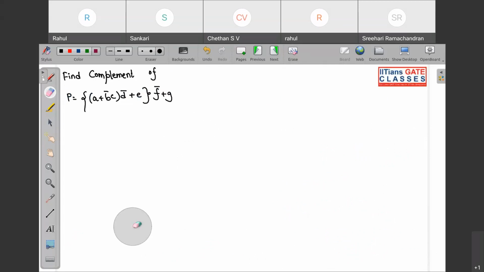So look, if you have found out the complement, look here. The first step is to calculate the dual. So if I calculate the dual, take care of the brackets.